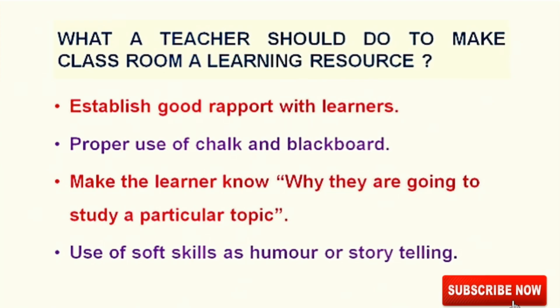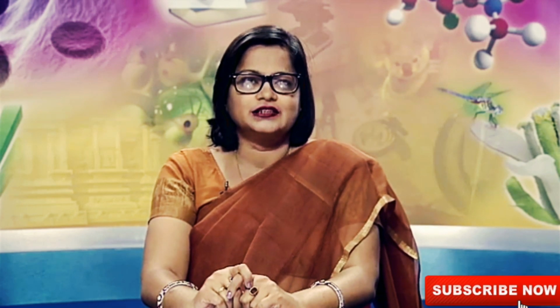The first one, establish good rapport with the learners. In a classroom, the learners are coming from divergent socio-economic backgrounds. Therefore, they have divergent needs and aspirations. A teacher has to treat all the learners in a friendly manner.